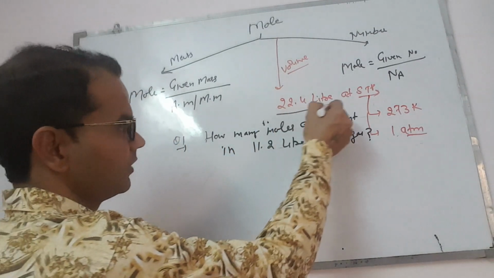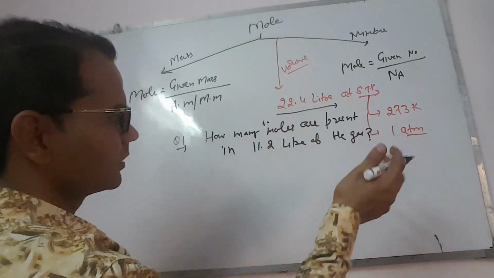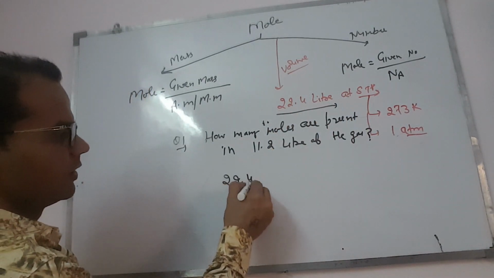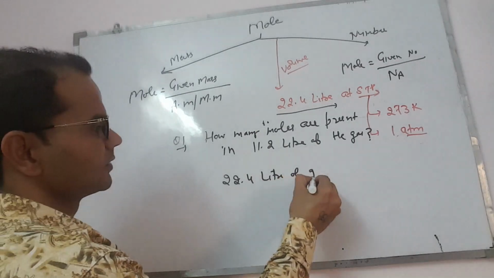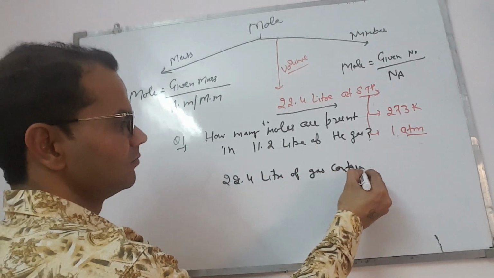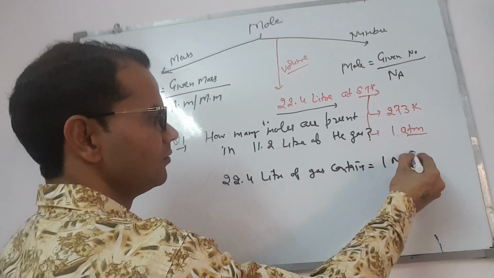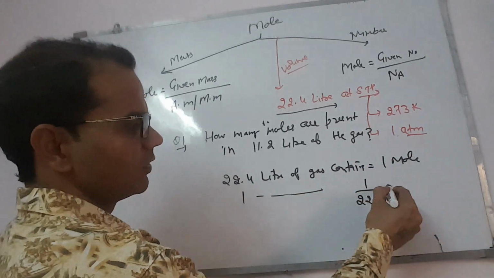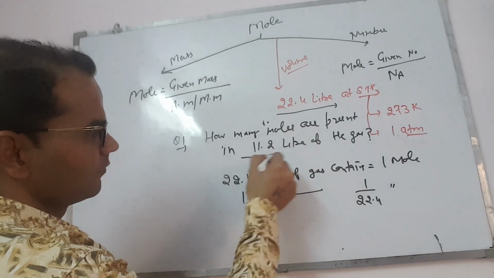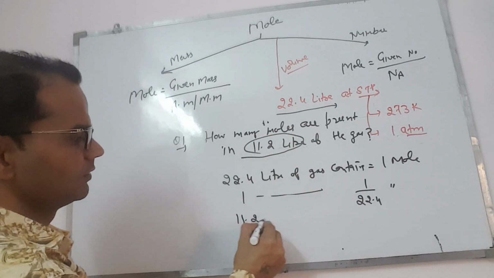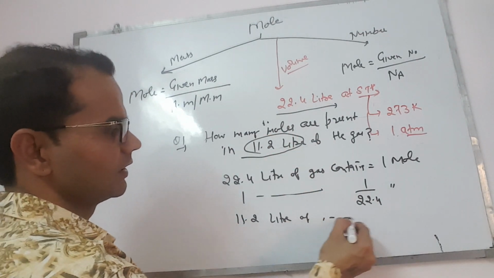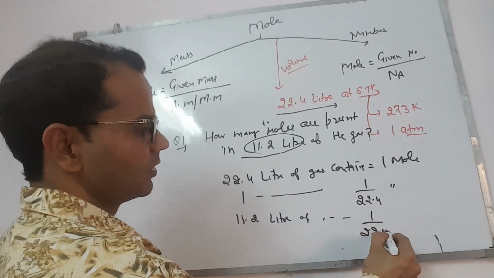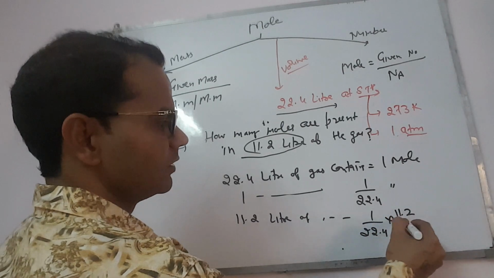So we can use this basic information. 22.4 liter of a gas contains 1 mole. 1 liter of a gas contains 1 by 22.4 moles, and the given volume is 11.2 liter, so 11.2 liter of a gas contains 1 by 22.4 into 11.2.